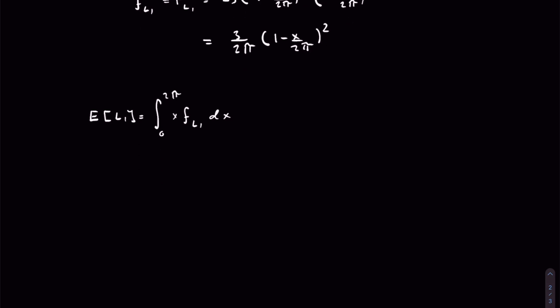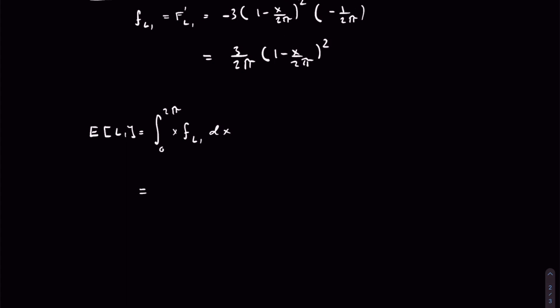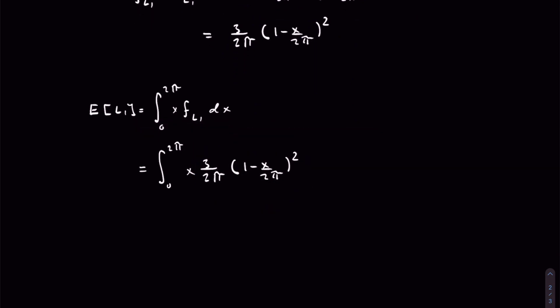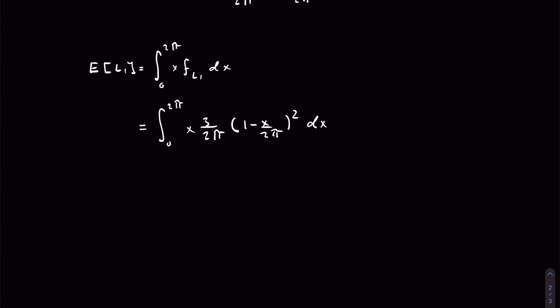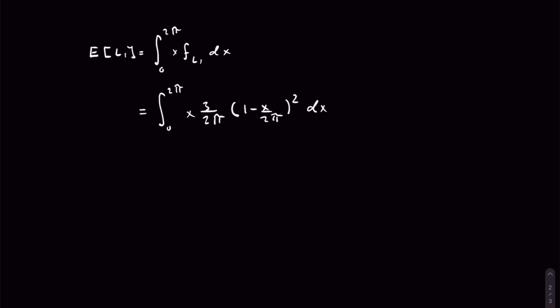Okay, and then we have the PDF we just calculated. I'm going to copy this term here, dx. And now we expand this full term here. We're going to take out this constant and put it to the outside. And yeah, we evaluate this integral after that.